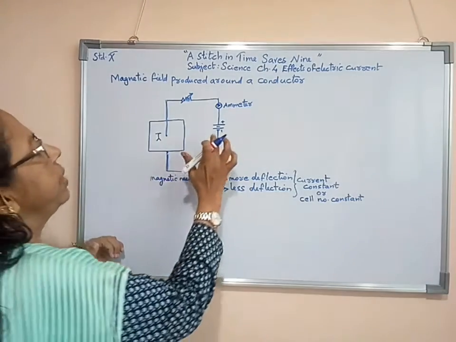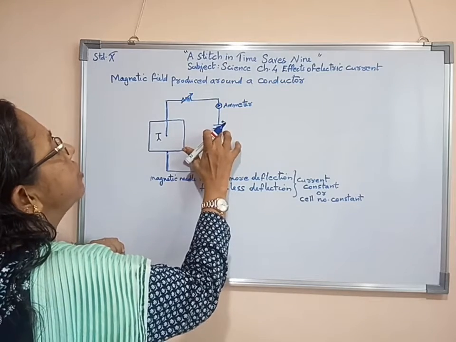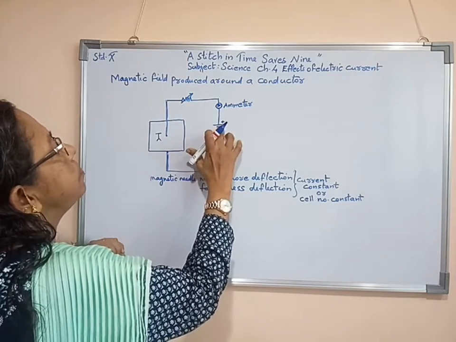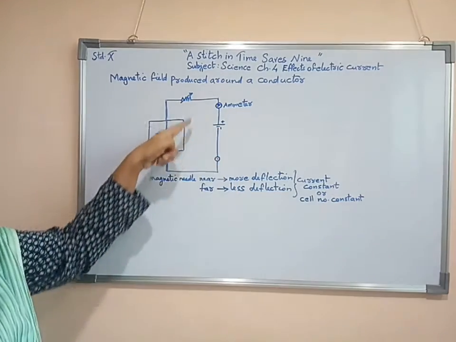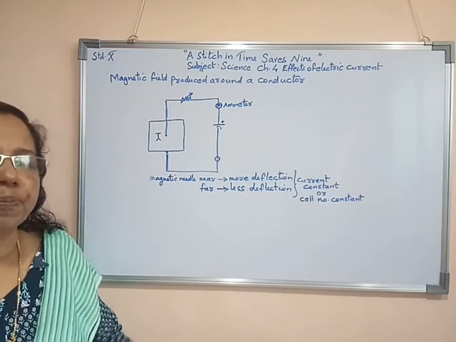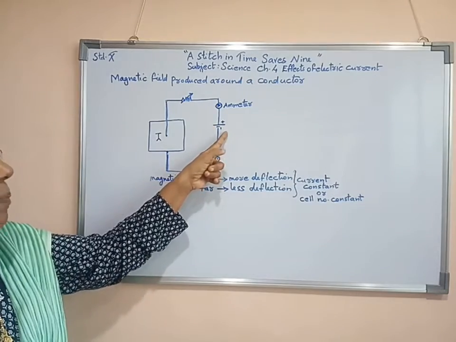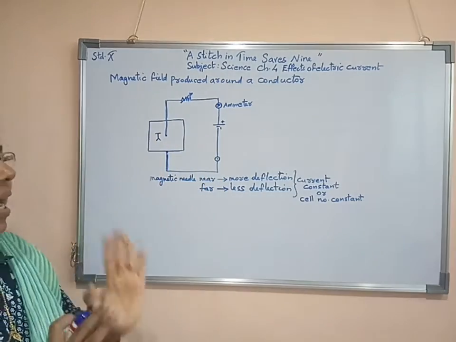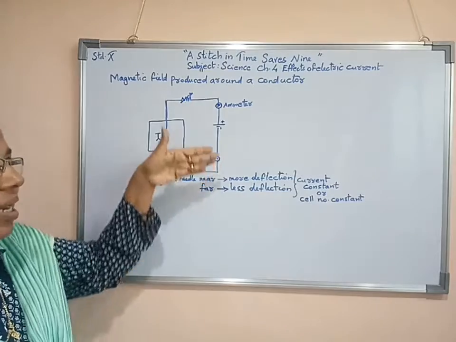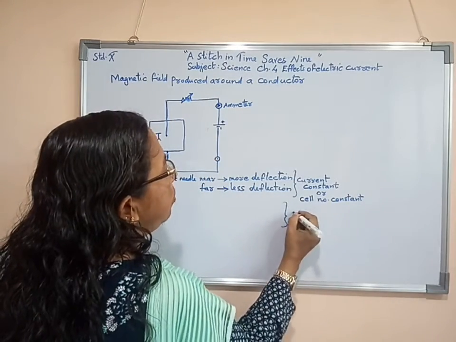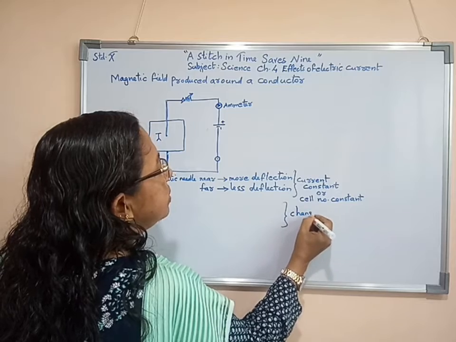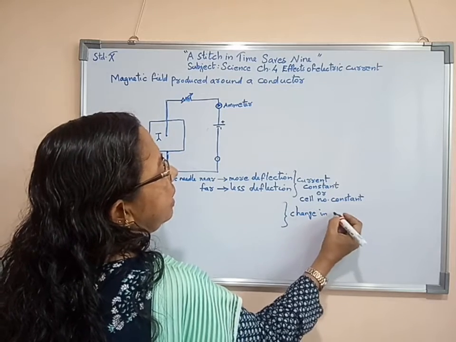But at the same time, at first I am keeping only one cell. That means I made the current flow less. Here only one cell I kept, the magnetic needle I kept fixed, but the current flow changes. So here we are making a change in current.